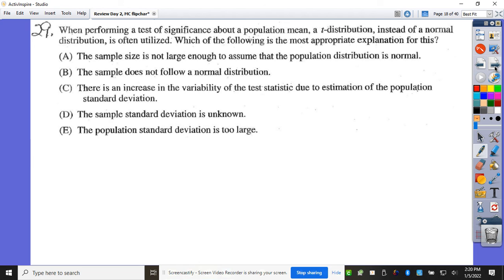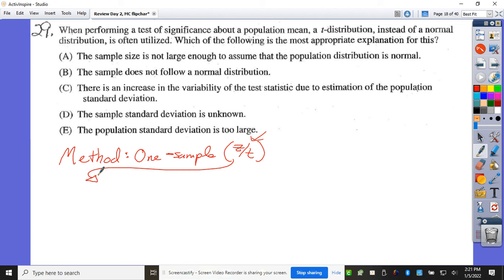In my method, I'm going to do an example. One sample. We have a decision here of being Z or T with an arrow. If it is Z, what do we write as our arrow towards it?